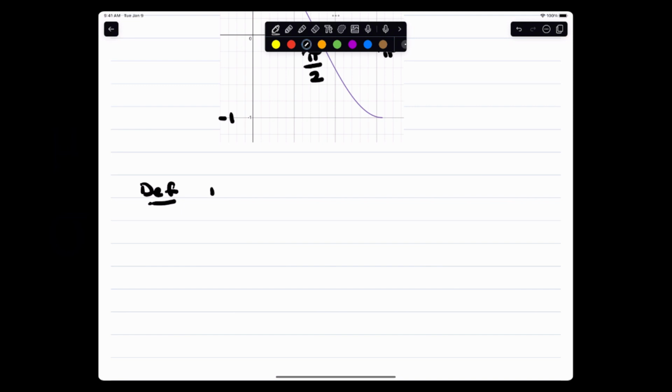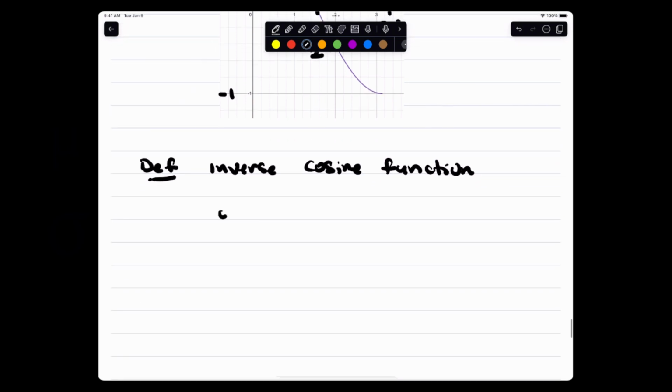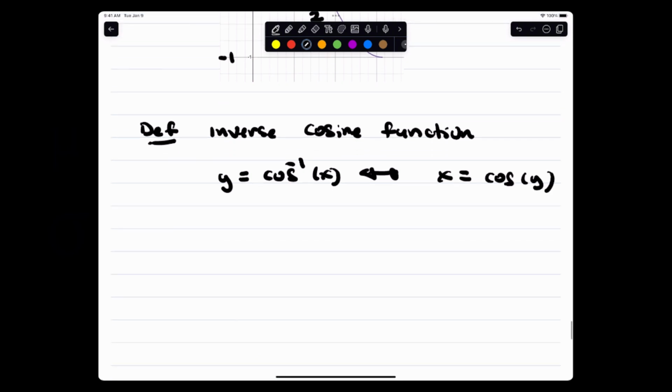The inverse cosine: y is inverse cosine of x is equivalent to saying x is cosine y, where you switch domain and range now.